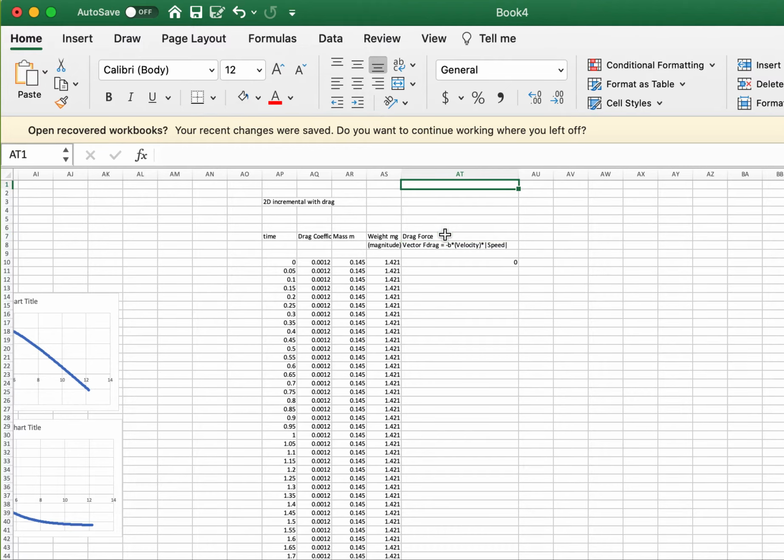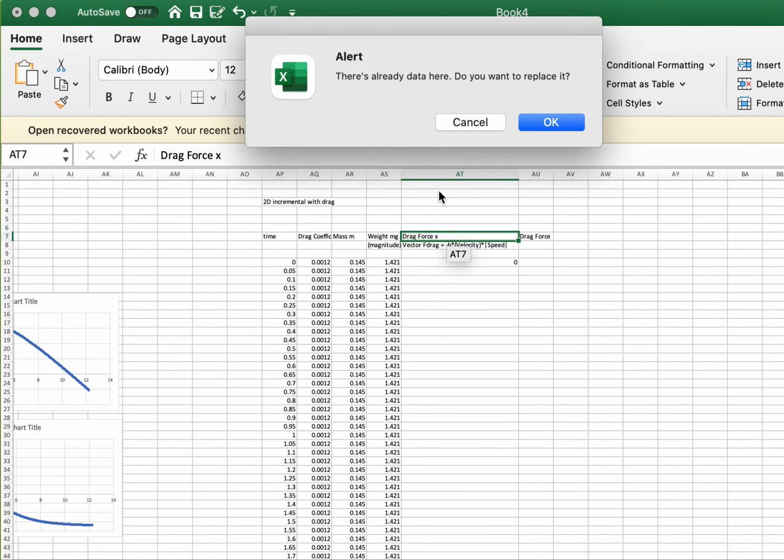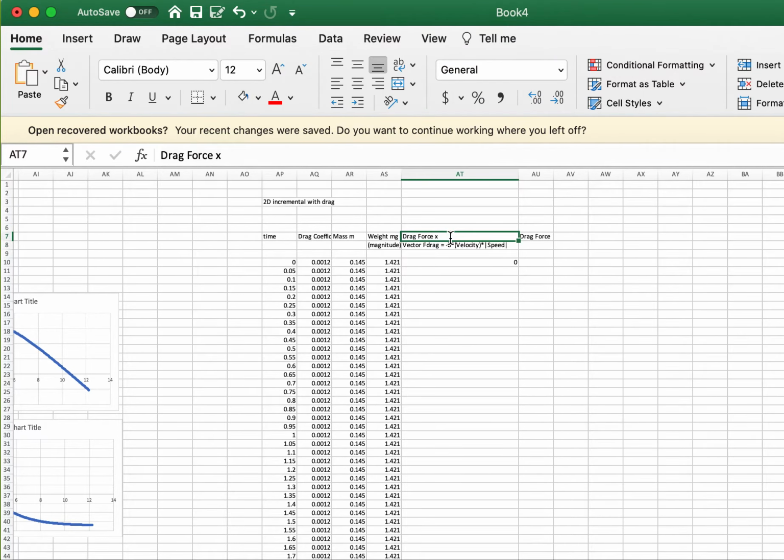So let's do one for drag force in the x direction, maybe I could call it horizontal drag force, and vertical drag force.